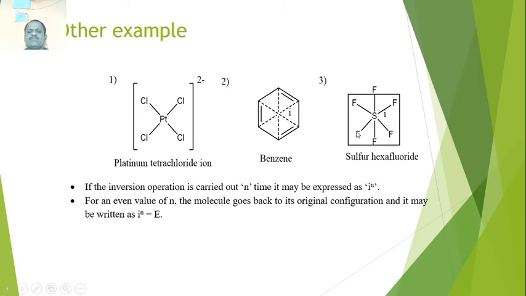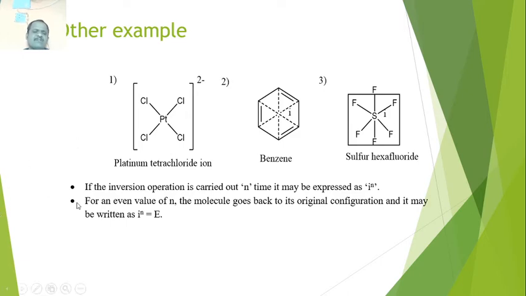So in short we can say that if in any molecule, through the point, two same groups are present exactly opposite to each other, then that molecule possesses a center of symmetry. Or through this point, if you get two equal halves of that molecule which are indistinguishable, then that molecule has a center of symmetry.